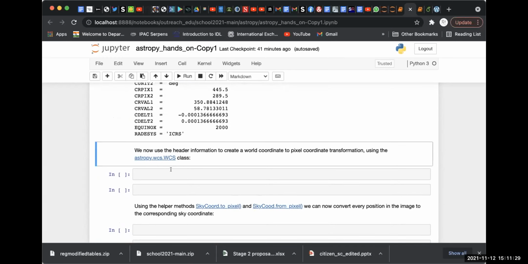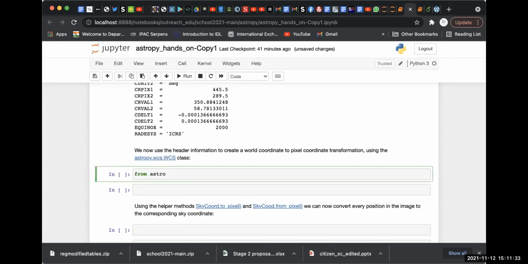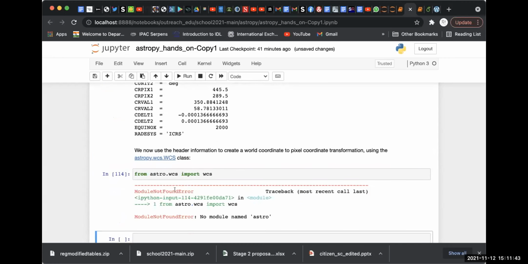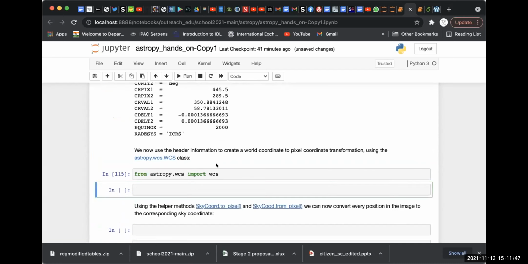So if we want to put this in WCS coordinates, you have to actually, from astropy.wcs, import something called WCS, okay, which is the World Coordinate System. So from astropy.wcs, I import my WCS. And let me define my WCS. What is my WCS?